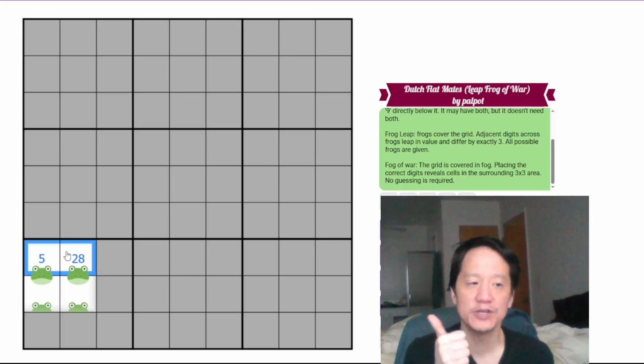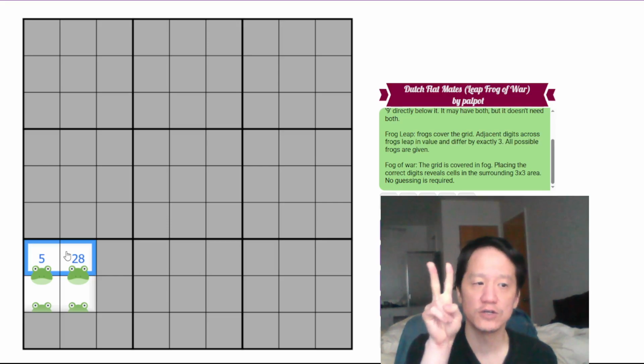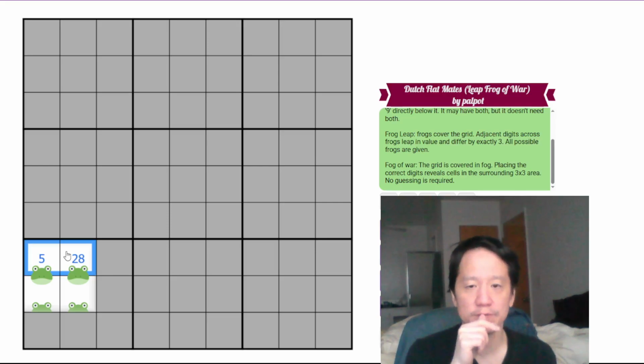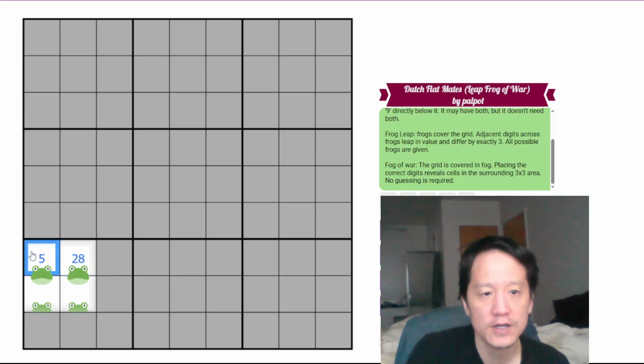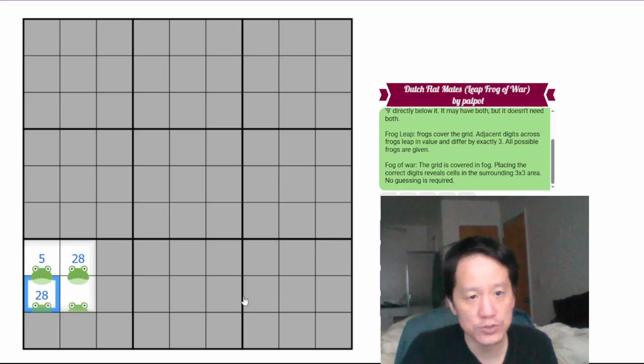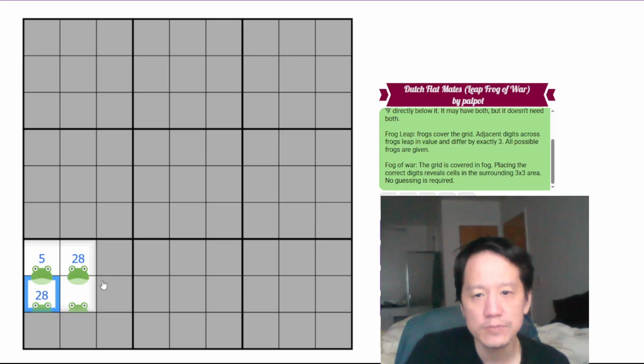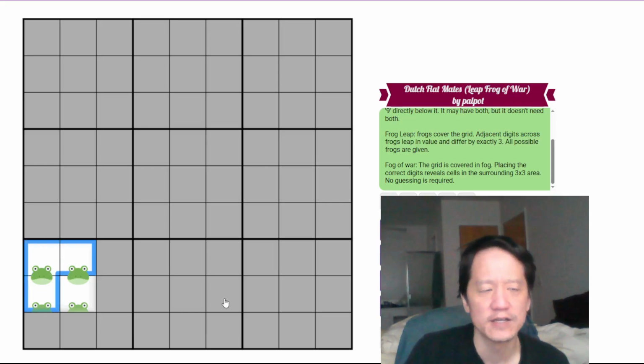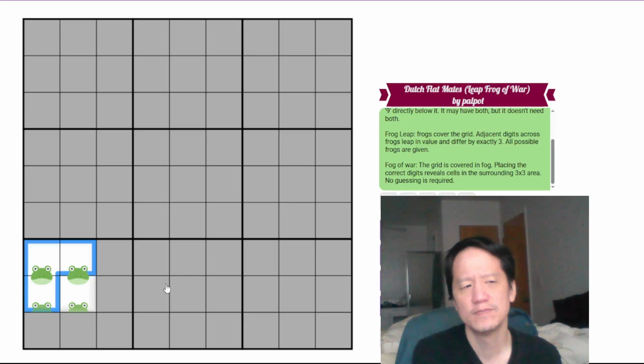Therefore, any combination of 2 adjacent cells differing by 3 must have a frog leaping between them. So if this is 5, you cannot have a 2 or 8 here, but you must have a 2 or 8 here. And that's how frog leaps work. I hope I explained that negative constraint so that it was clear.